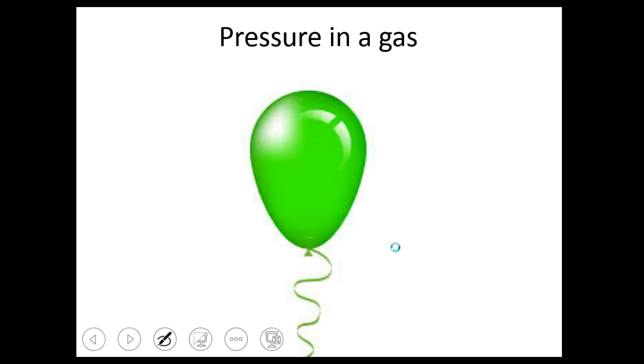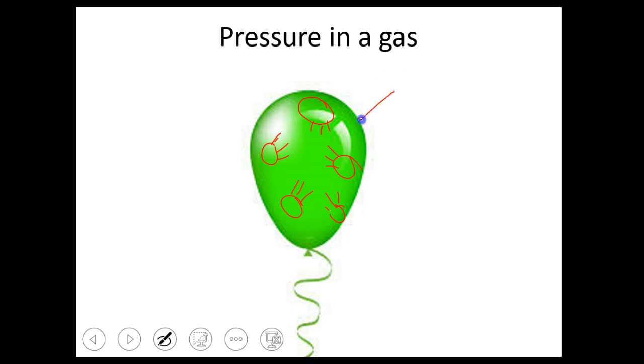Same idea in a balloon. As you huff and puff, it's actually the collisions of all those little tiny gas molecules with the outer surface of the balloon that give it its rigidity, or its shape. Now balloons are a little bit elastic, and so their volume actually increases as you increase the number of gas molecules because the pressure increases, right, as you increase the number of molecules in there.